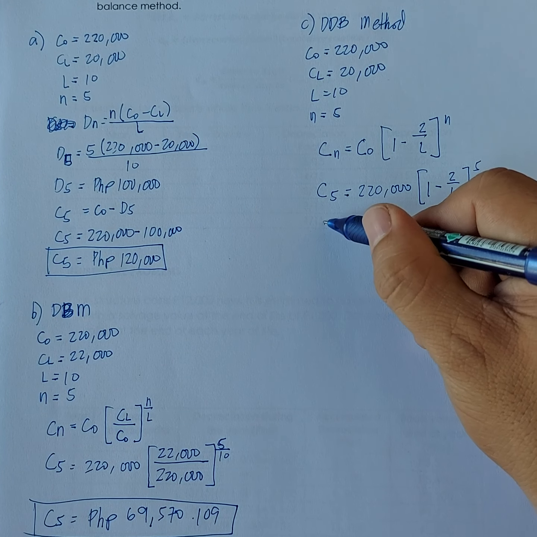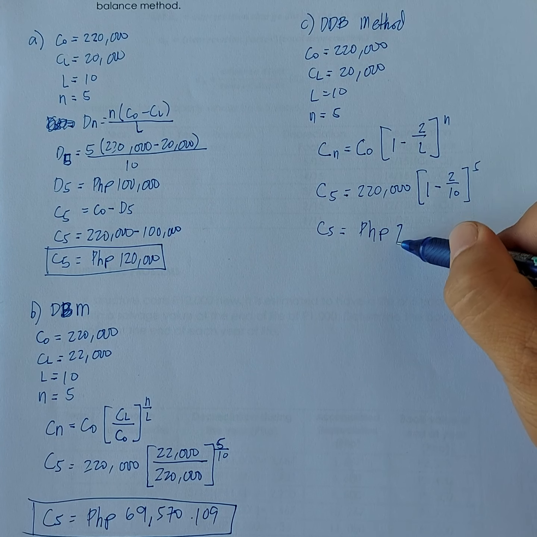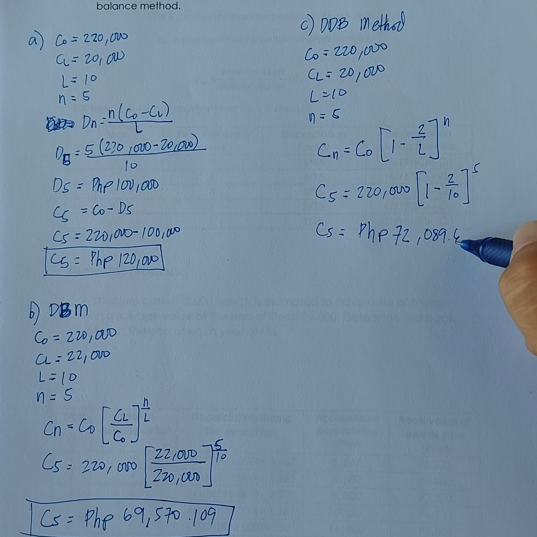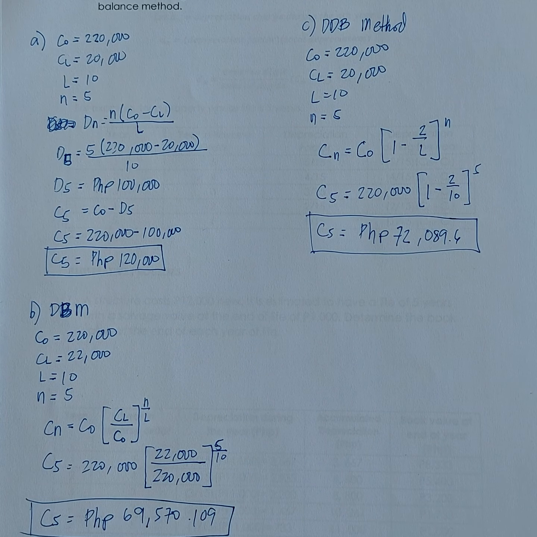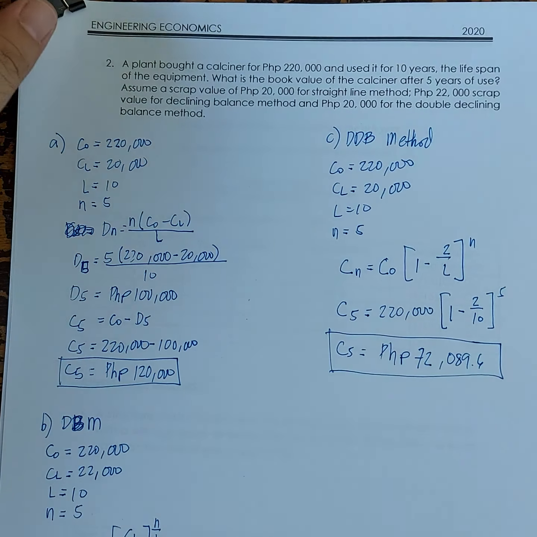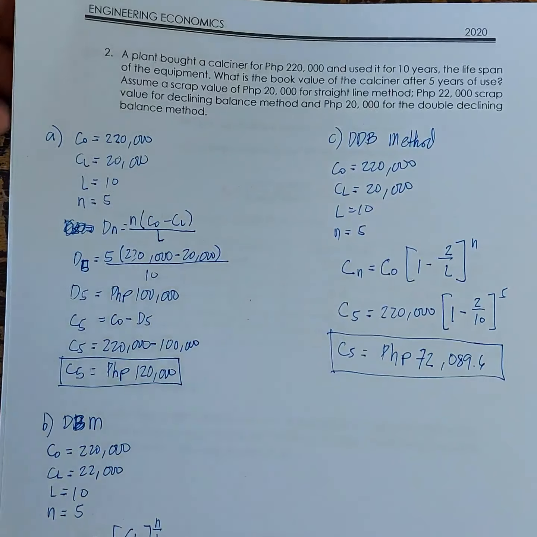So the book value on the fifth year is equivalent to 72,089.6 pesos. So that is the book value on the fifth year. Okay? That's it. So we'll discuss the next two methods in a separate video.